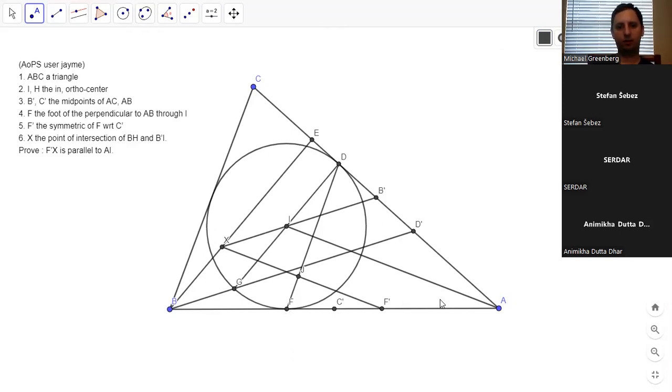So it's enough to prove that EXJ equals DIA. I don't know the rest of it. We know FD is perpendicular to IA. We want to show EXF prime is... Never mind, I assumed the problem is correct and then proved it.